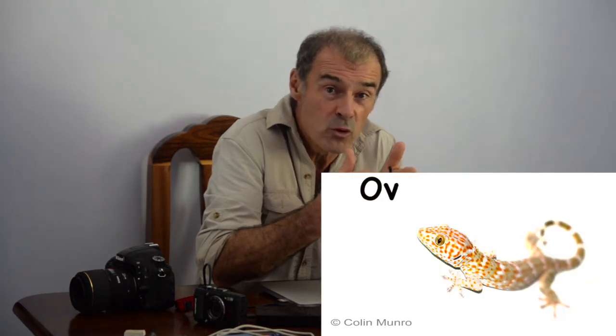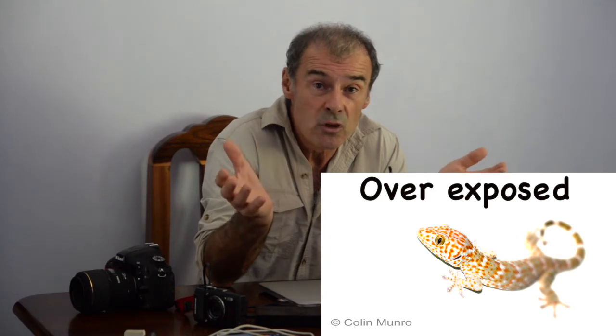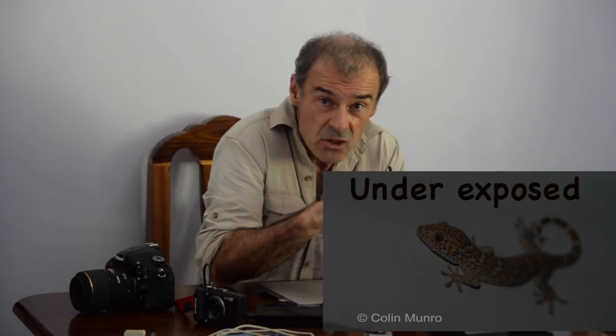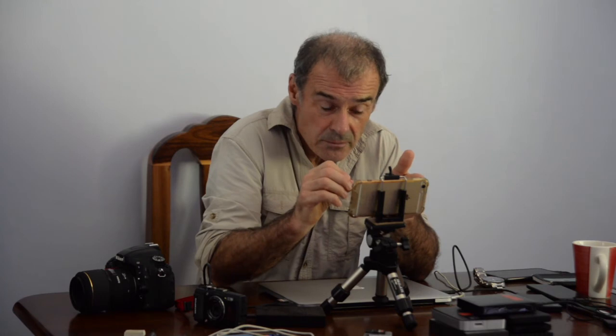By overexposed, we mean it becomes so bright that we lose all the detail in the highlights. By underexposed, we mean it becomes so dark that we start to lose all the detail in the shadows. So we want our image to be correctly exposed, and in order to do that, we have to control the amount of light that's hitting the sensor.